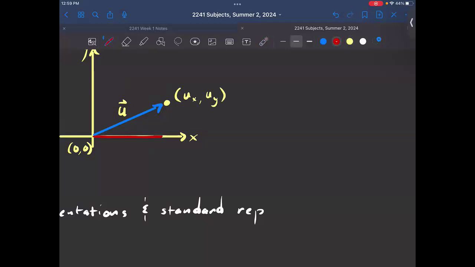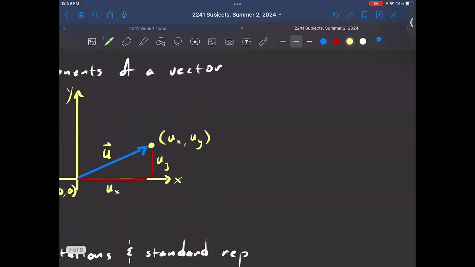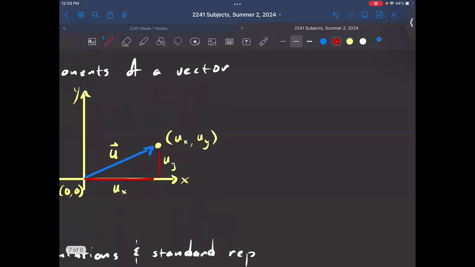So ux is just the length in that direction, and the length in the vertical direction is uy. Note that these can be negative and point in the opposite direction. And so we can think of the component lengths or the component vectors to get from the starting point of u to the ending point of u along the x and y directions.